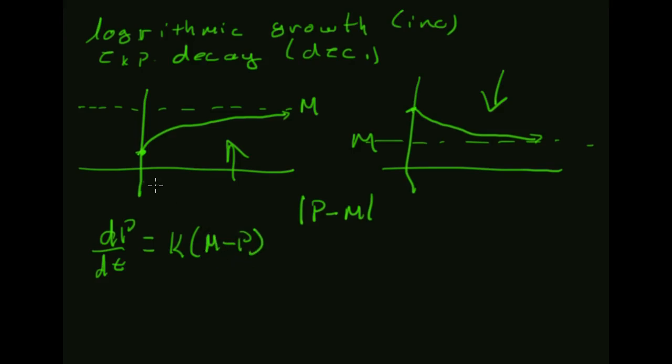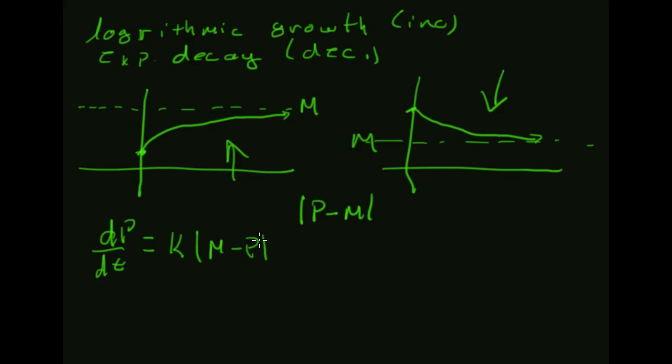And in reality, that's going to be k times the absolute value of m minus p. Okay? So the question now becomes, how do I solve this differential equation?